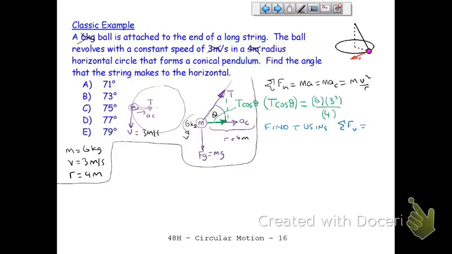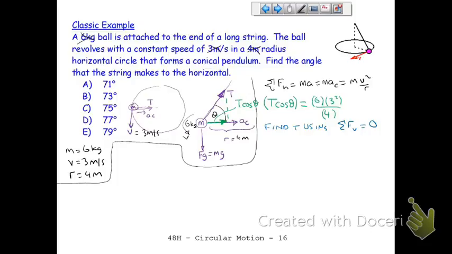Must be at least in the plane of the circle. Not pointing upwards, not pointing downwards. Because if it is, then it's not going to go in a horizontal circle. So this must be 0 vertically. If the acceleration is horizontal, there's absolutely no component vertically because it's 90 degrees. Okay, that's not so bad.